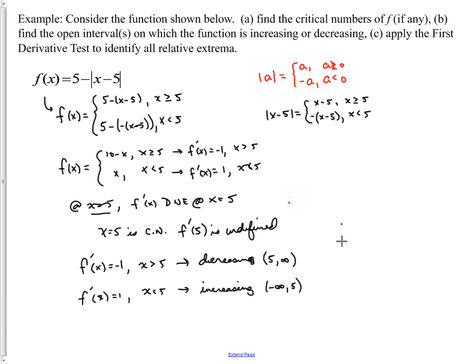And so what do we know about this kind of function? Well, if the function changes from increasing to decreasing at a point where a critical number occurs, and the function is continuous at that point, and this function is continuous at x equals 5, then we say that the function has a relative maximum.